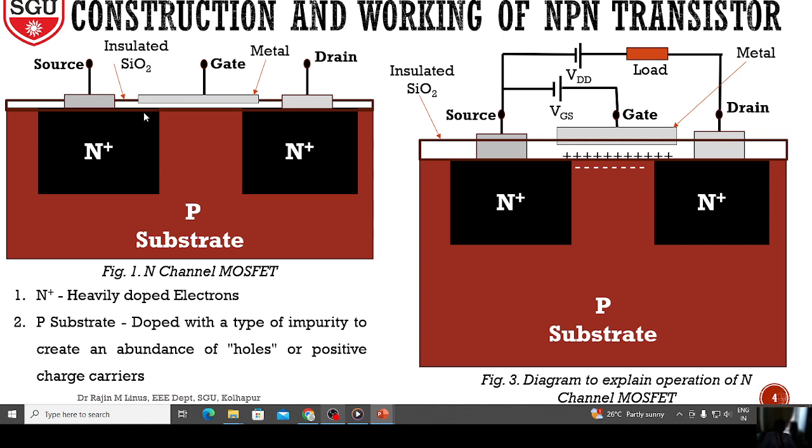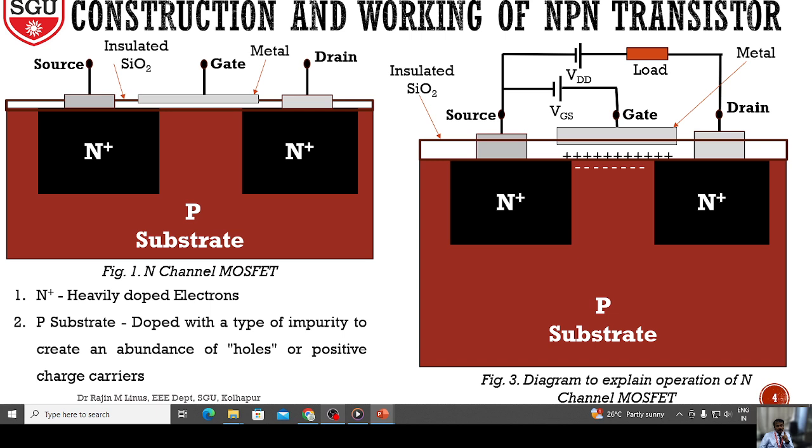Instead of that, a voltage will be generated in between this gate metal and the body of the semiconductor. This voltage is helpful to control the electron flow. That's why this metal oxide silicon field effect transistor is nothing but a voltage control device.